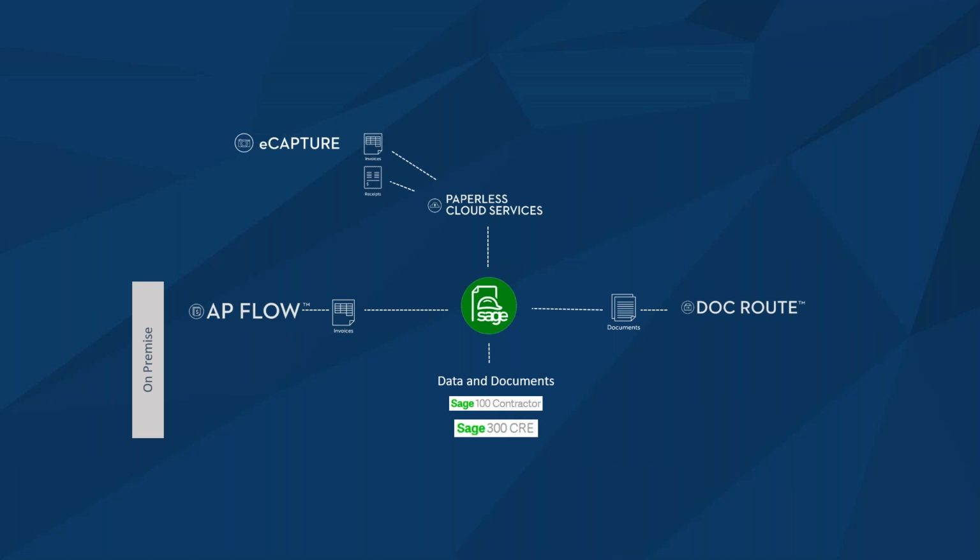In addition, we have cloud products. So, for example, eCapture. The superintendent's in the field. He needs to go up to Home Depot to buy something for the job. So he buys something on his credit card. He takes his phone. His phone is dynamically connected. He's got an app on his phone called eCapture. And he says, okay, I'm at Home Depot. And he's scrolling through his phone through the jobs.